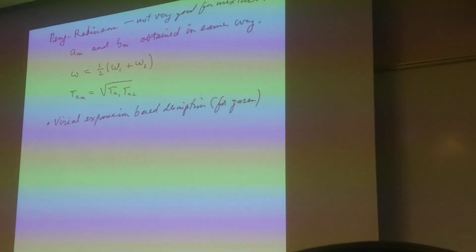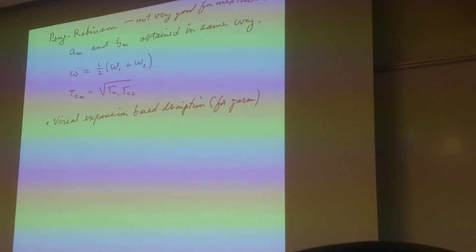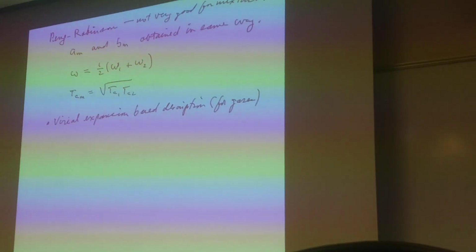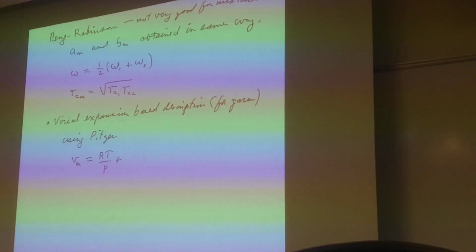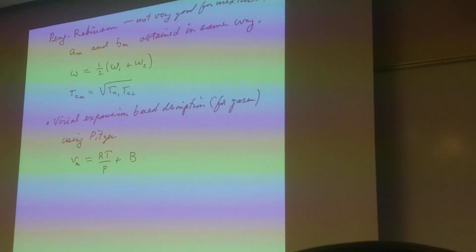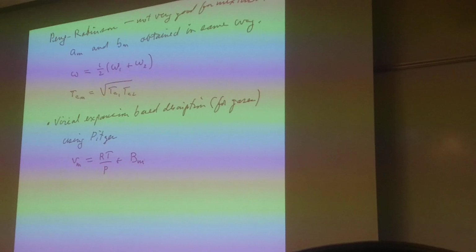That's kind of what we've been talking about, but it's a reminder that that's rigorously true. The way we have implemented the virial expansion is through the Pitzer format, a truncated pressure-explicit virial expansion, where we wrote that the volume of a mixture is RT over P plus the relevant second virial coefficient, now the virial coefficient B sub m.